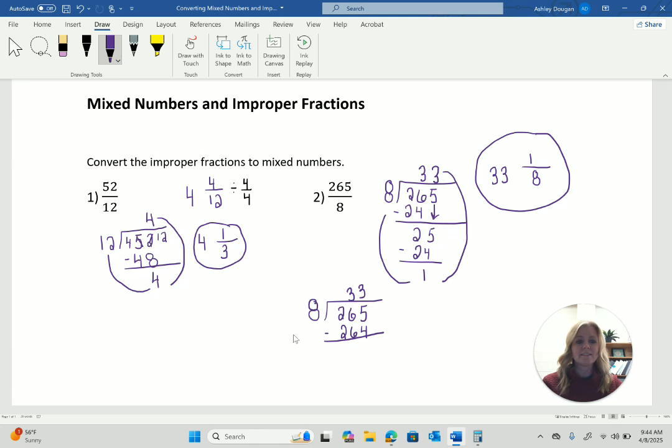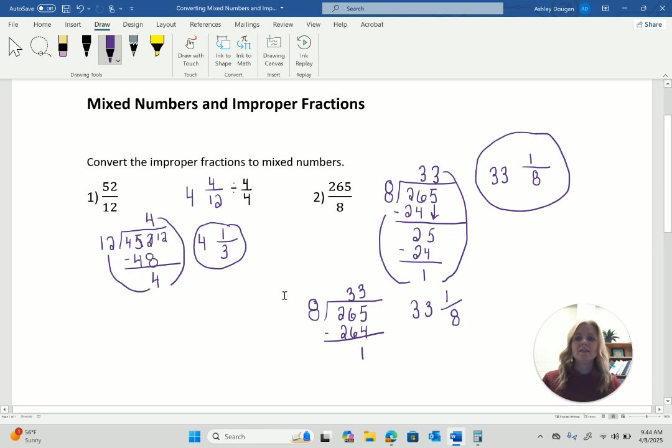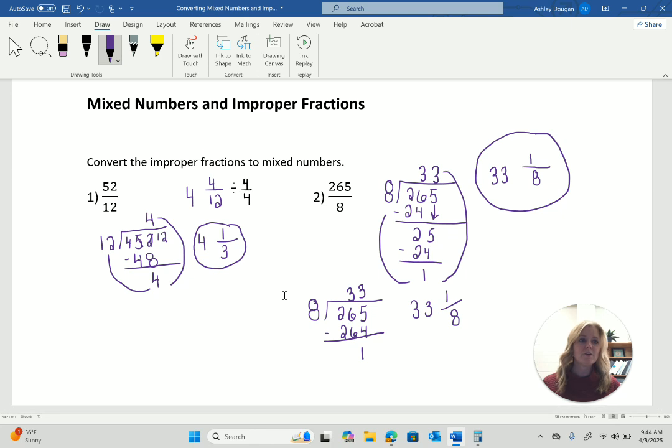But it may take a little more time because it takes a while to find that larger number. And then I come out with 33 1/8, just like I would if I had gone through the steps. So that is going from improper fraction to mixed number. And again, when we get into working with these improper or mixed number problems, this is going to be the last step that we'll do.